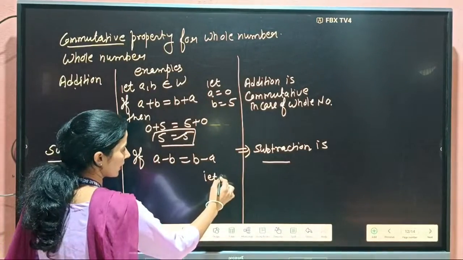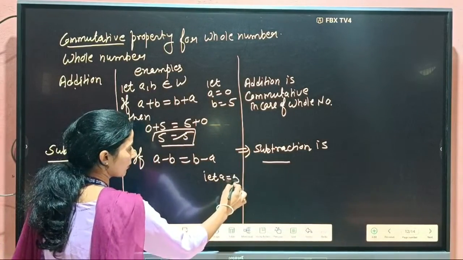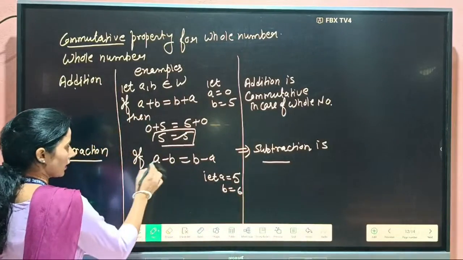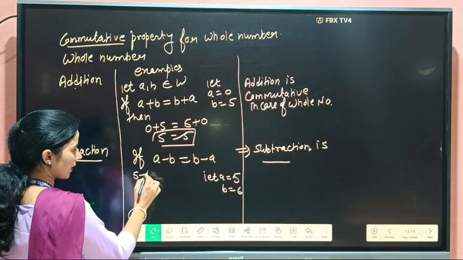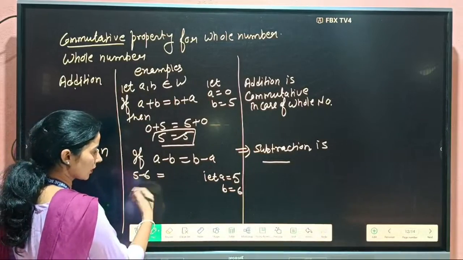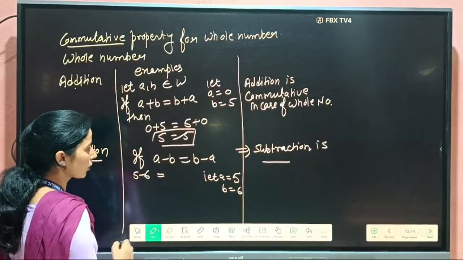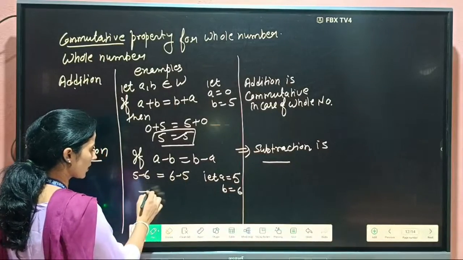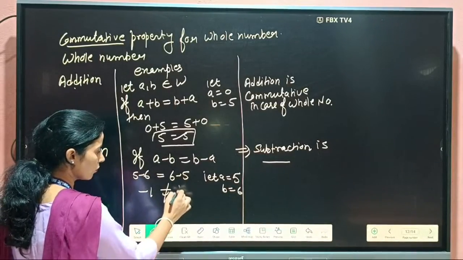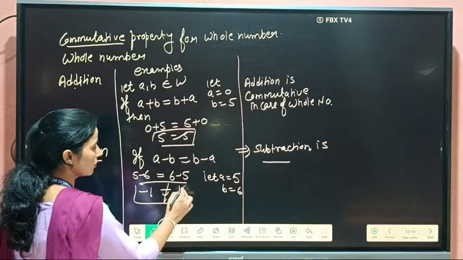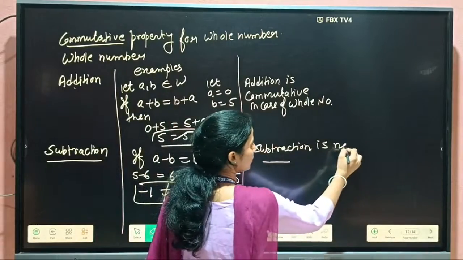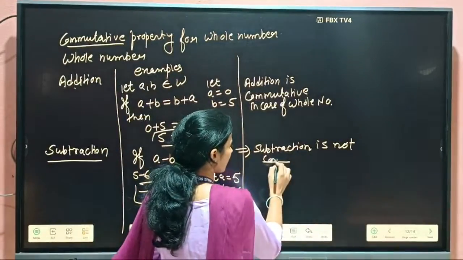Let A equals 5 and B equals 6. A minus B is 5 minus 6. If it was commutative, it must equal B minus A, 6 minus 5. Its answer is minus 1, which is not equal to 1. So we can say subtraction is not commutative.